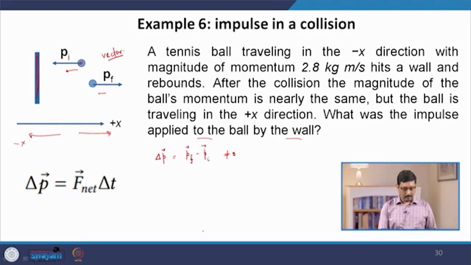Second point is, how do we calculate this change in momentum? Note that in this case, we do not know anything about the force that is acting between the ball and the wall. We also do not know for how long the ball was in contact with the wall, that is, the duration of the collision.